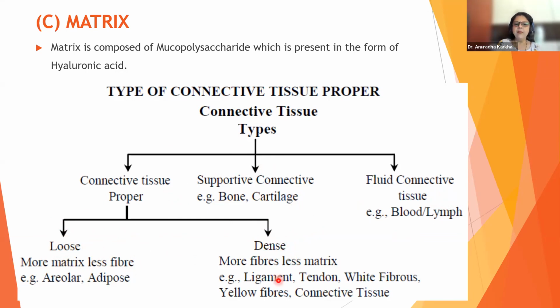Example, ligament, tendon, white fibers, that is collagen fibers, elastin fibers. All these connective tissues are in the dense category. Fluid connective tissue is blood and lymph, which we have done in detail in the chapter of circulation. So we have to understand connective tissue proper, that is areolar tissue and adipose tissue.